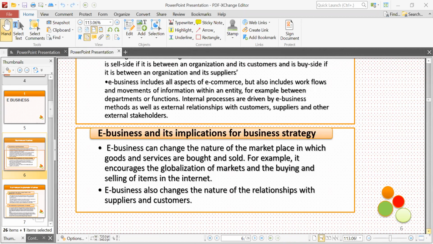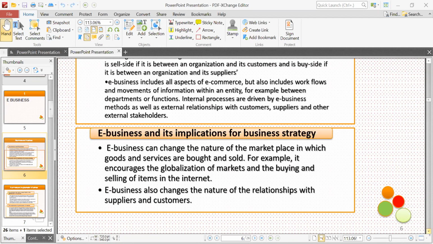But today, you can put a video of your product on TikTok and it will go viral, and somebody somewhere in Kumasi or Sunyani will see your product and may want to order. So e-business has changed the nature of the marketplace.